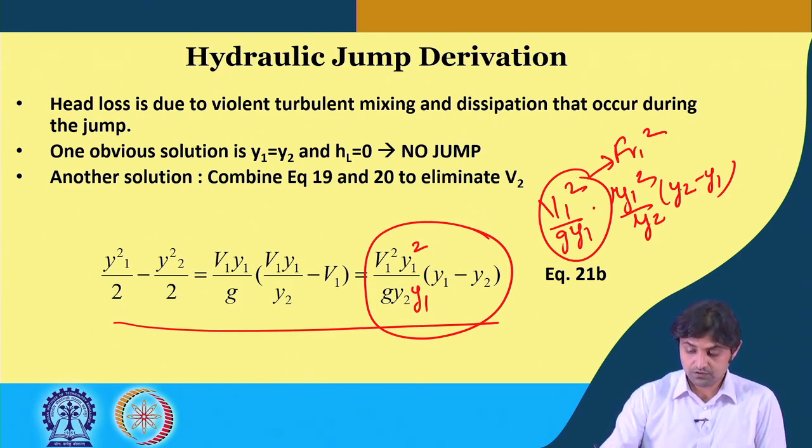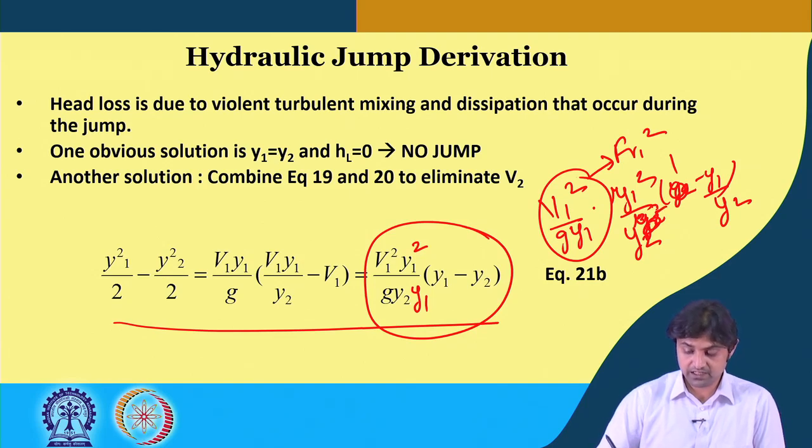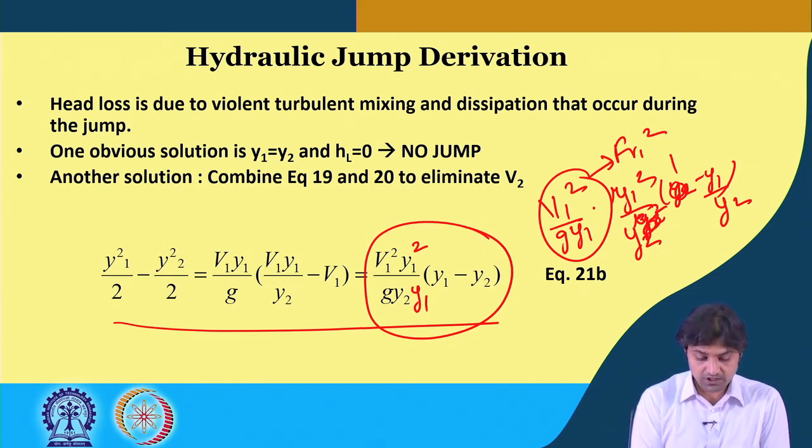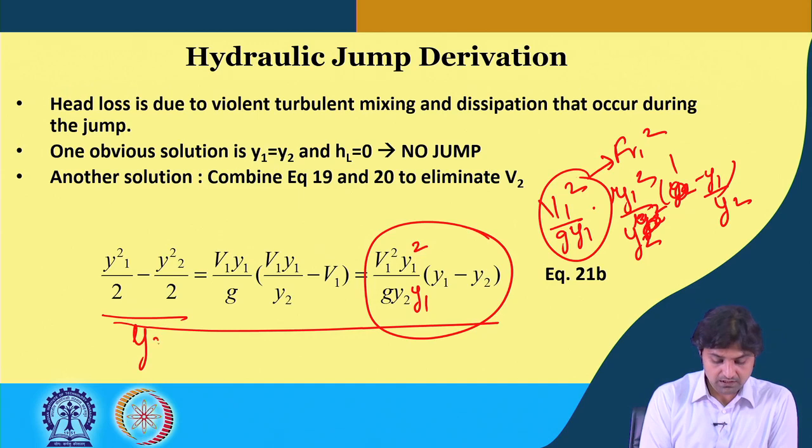And when this goes inside, this becomes 1 y1 by y2, and this y2 whole square, when multiplied here, will also be divided here.